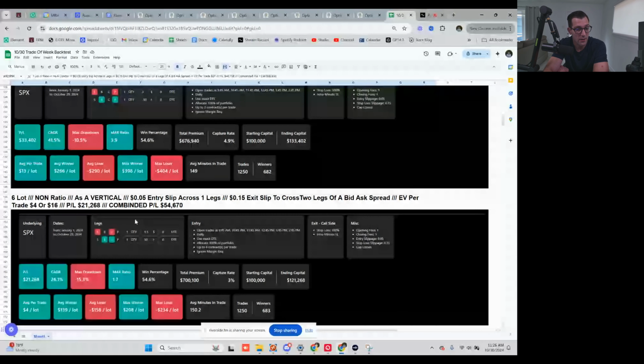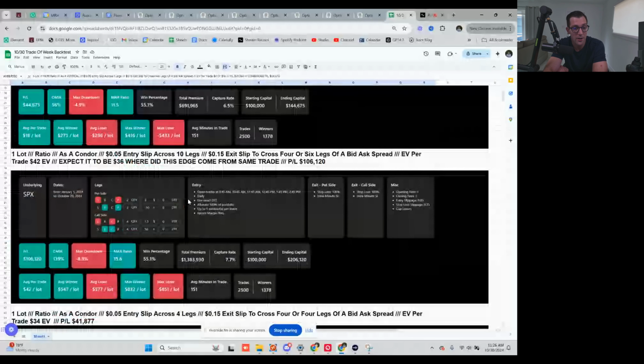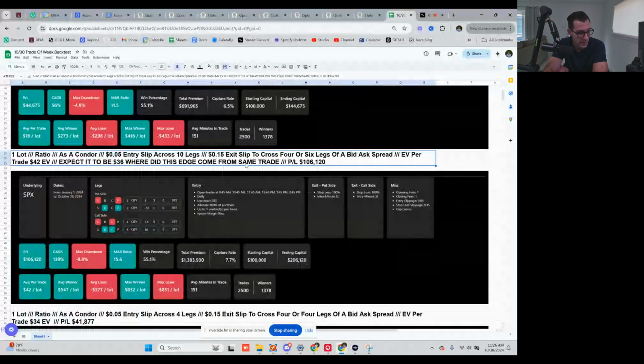Therefore, our expected value is now $21,000, or a combined P&L of 54. Again, same contracts, same time slots, same entry slippage, same stop loss. However, we've had $54,000 P&L versus the $106,000 P&L we had over here. Nothing changed, nothing compounded. It's simply our entry and exit slippage parameters, which are not true to how the market works.